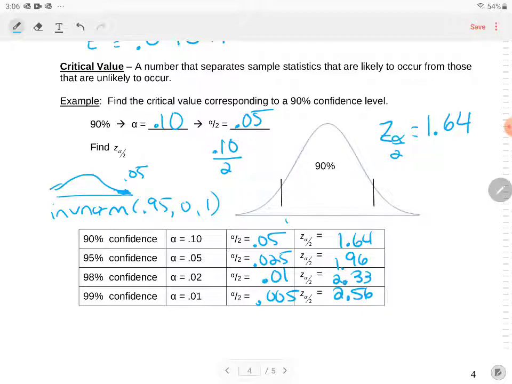So just remember, whenever you're given alpha, that value is your alpha. Okay, it's always to the right. So you have to do inverse norm of 1 minus alpha, (0, 1).